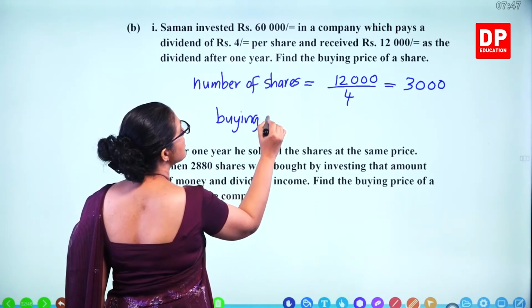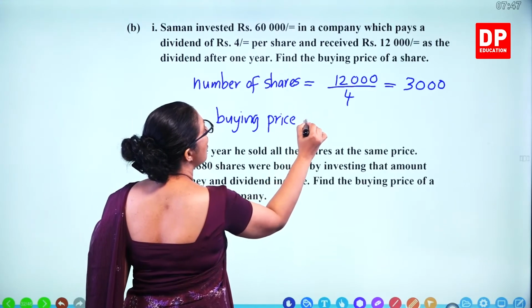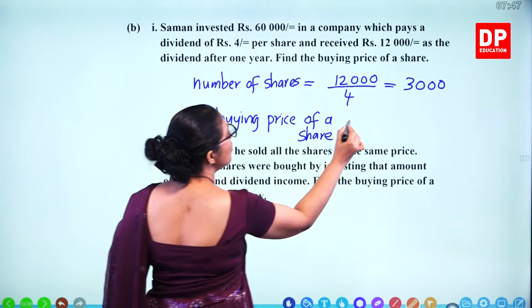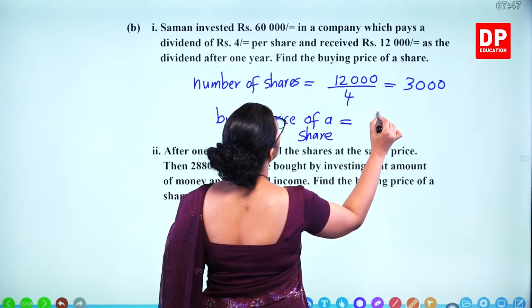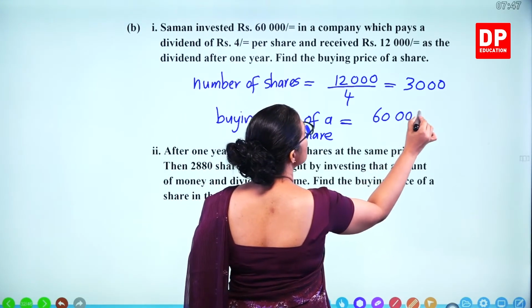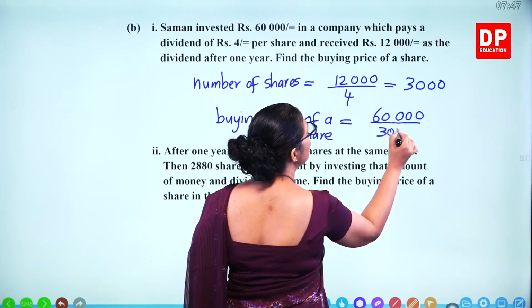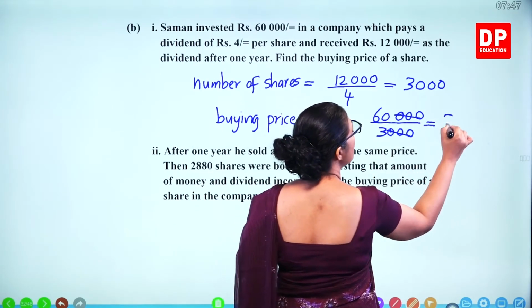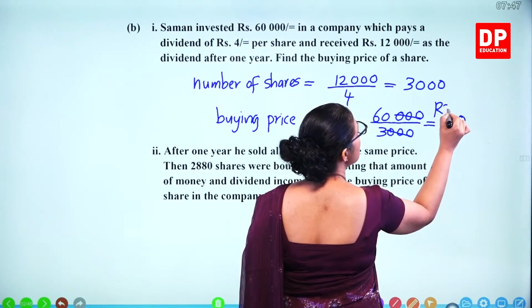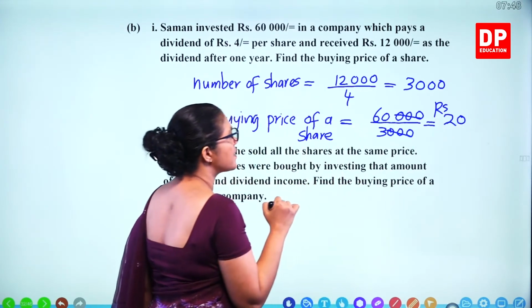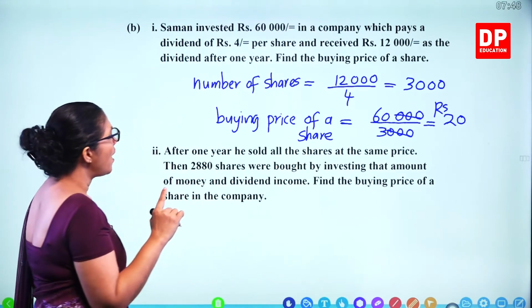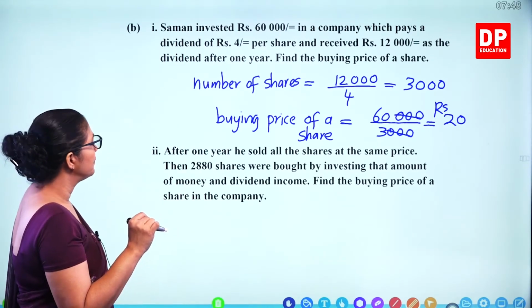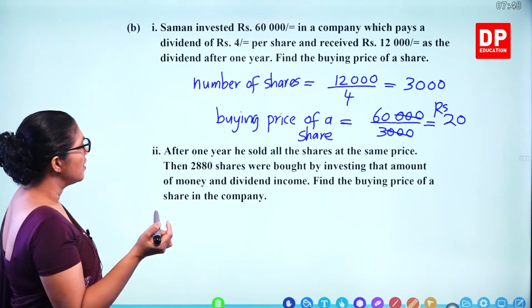Buying price of a share is equal to total amount 60,000 divided by 3,000. 60 divided by 3, 20 rupees is the buying price. After 1 year, he sold all the shares at the same price. So that means 20 rupees.